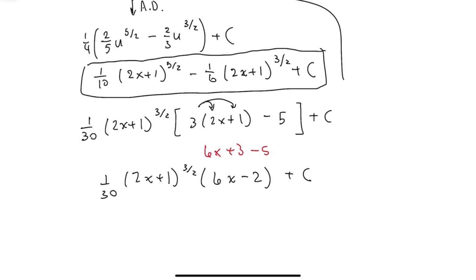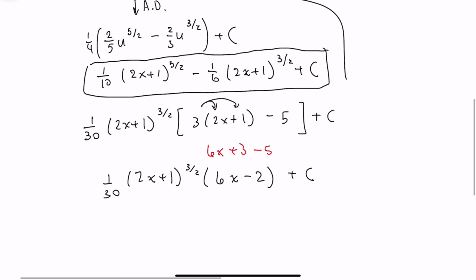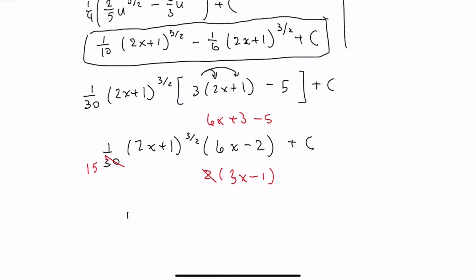This simplifies a little bit. Notice here we can actually factor out a 2. So we get 2 times 3x minus 1, and that 2 will actually cross-cancel with this to give you 1 over 15. So I'm going to write our answer factored now as 1 over 15 times 2x plus 1 to the 3 halves times a quantity, 3x minus 1, plus a constant.